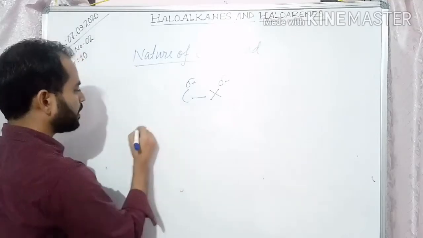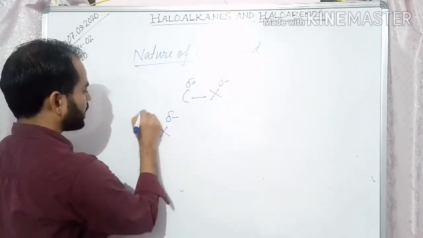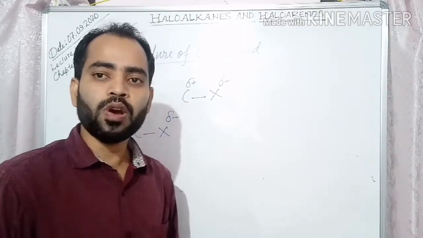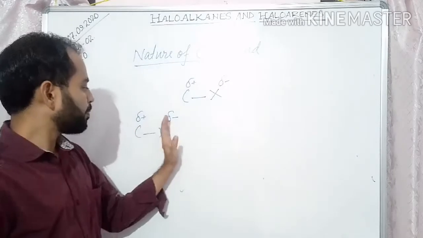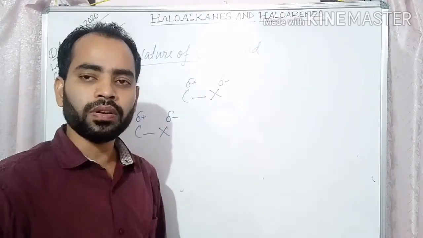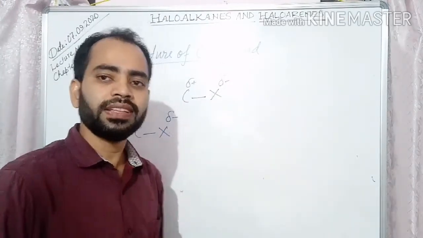Is it visible? That means polarization of the bond takes place. Negative pole and positive pole. This is called polarization of the bond.